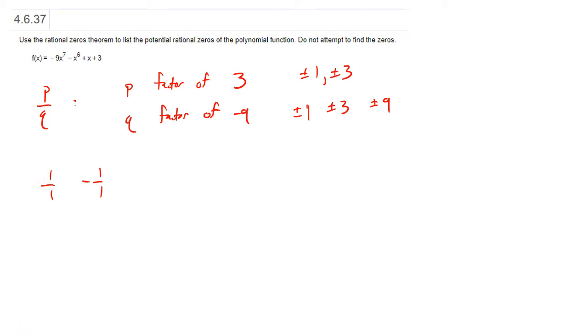Similarly, I can have 1 over 3 or -1 over 3. That would be by choosing this choice for p and this choice for q. So 1 over 1, 1 over 3, 1 over 9, 3 over 1, 3 over 3, 3 over 9. And I have plus or minuses on all of those.